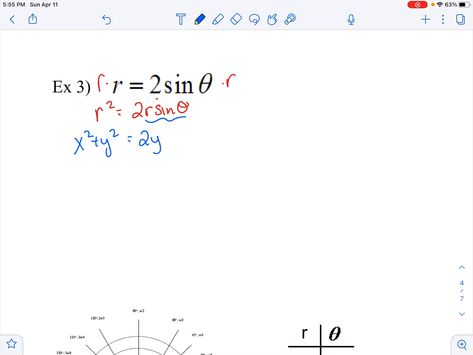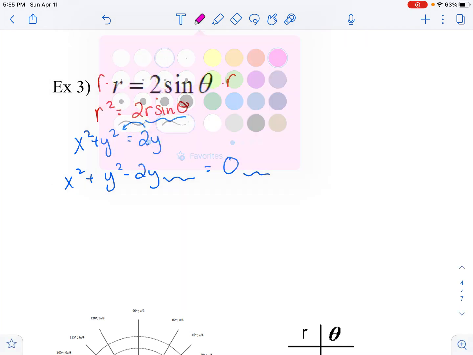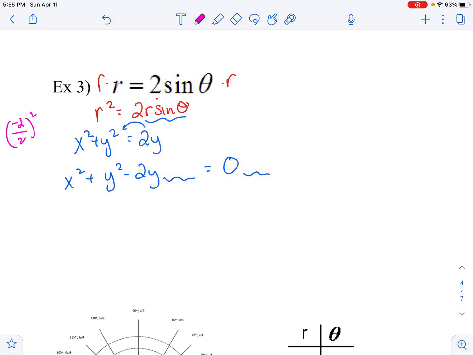I want to get everything on one side, so I'm going to move that 2y over. So I get x squared plus y squared minus 2y. I'm going to leave a little space to complete the square. I've got a 0 now on the right side, and I'm going to add that number to both sides. If I take -2, cut it in half and square it, that gives me (-1) squared, so I'm going to add 1 to both sides.